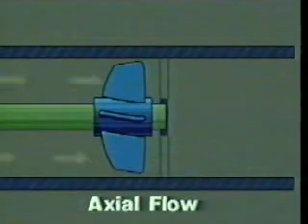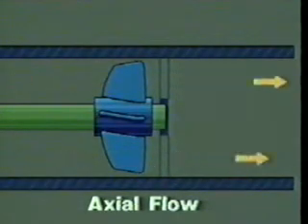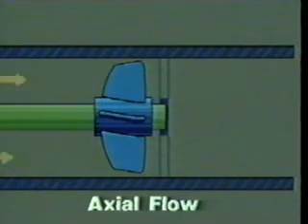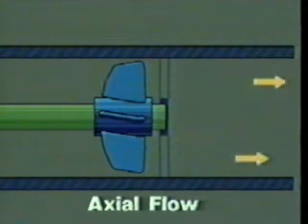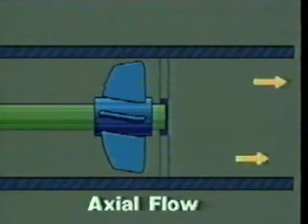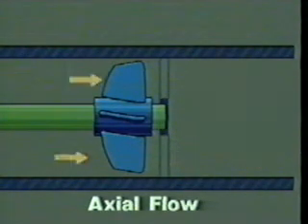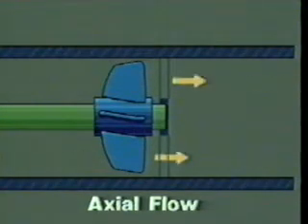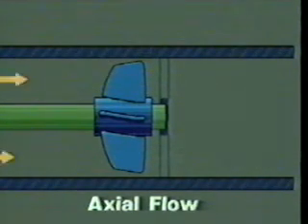Strictly speaking, axial flow pumps aren't centrifugal because they don't use centrifugal force to add energy to the fluid or to convert the velocity of the fluid to pressure. Axial flow or turbine-type pumps are nevertheless frequently classified with centrifugal pumps because their parts and maintenance requirements are similar.